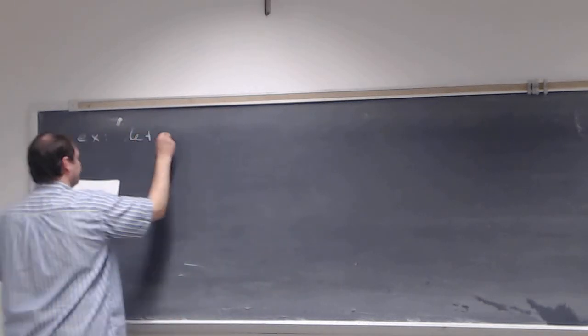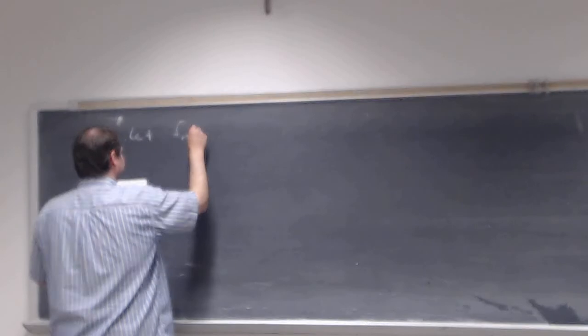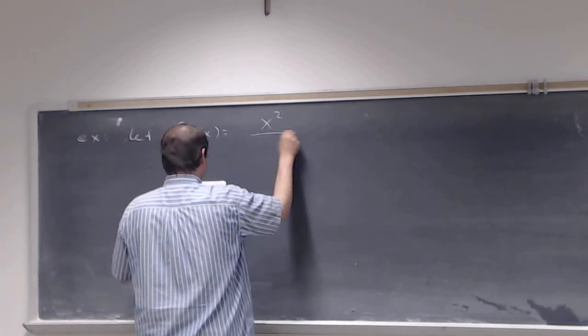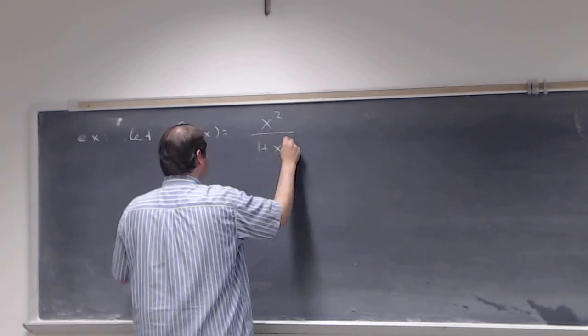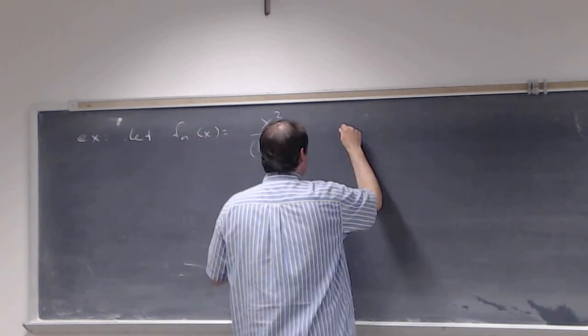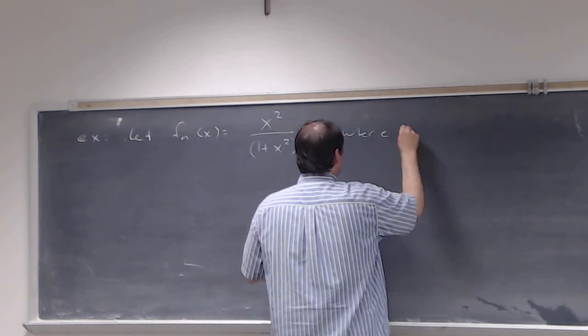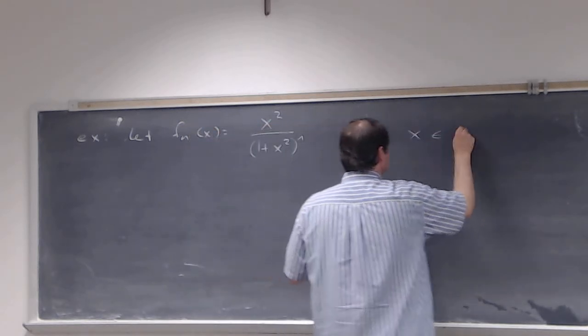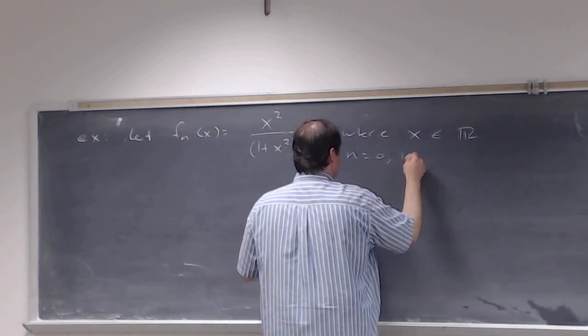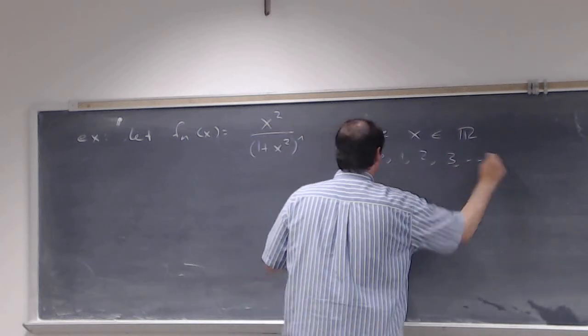Let f sub n of x be equal to x squared over 1 plus x squared to the nth power, where x is a real number, and this is true for n equaling 0, 1, 2, 3, and forever.